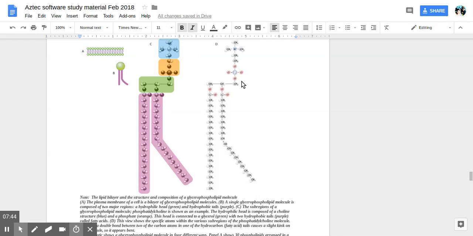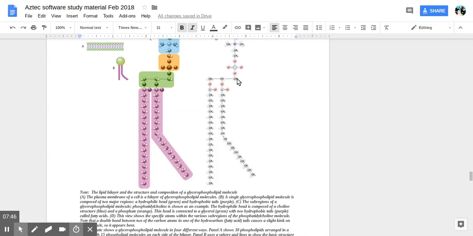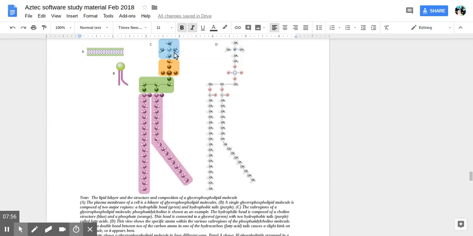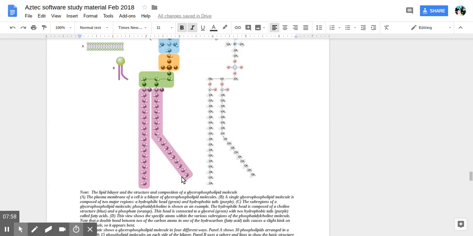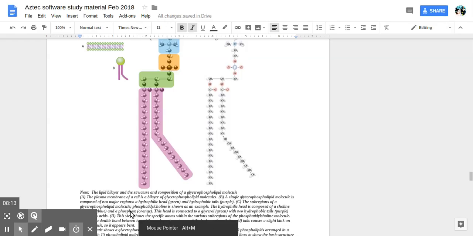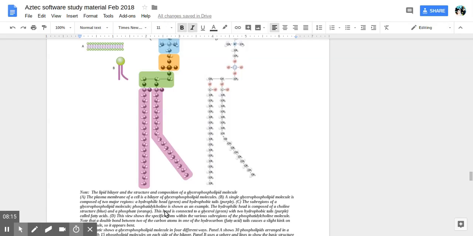So this shows the individual atoms. Phosphatidylcholine is blue, hydrophilic, phosphate in orange, and glycerol in green.